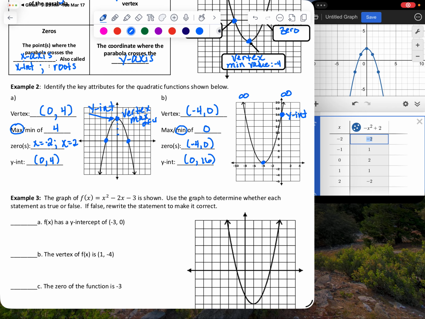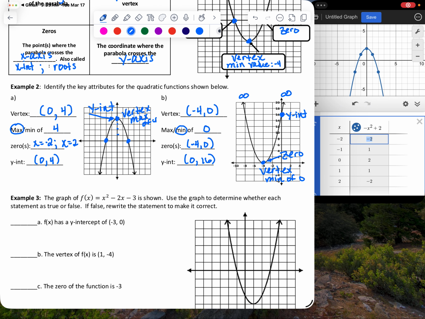Now, before we move on, let me label some of these points right here. This is a vertex that has a minimum of 0, and it's also the only 0 of the function. So in this problem, our vertex was also our 0.